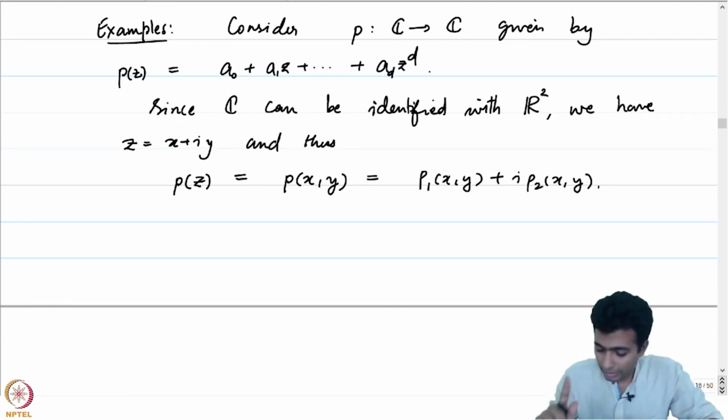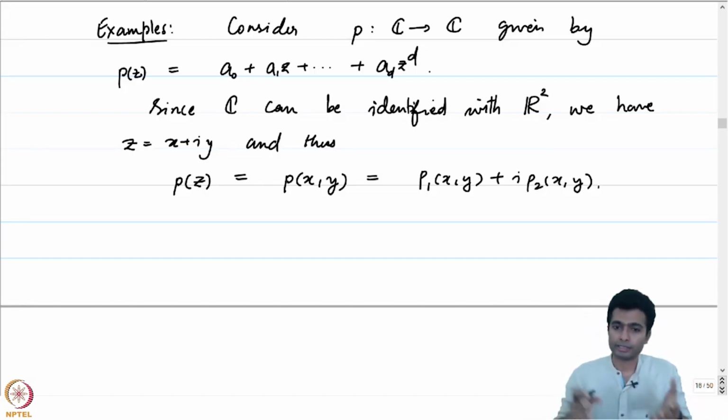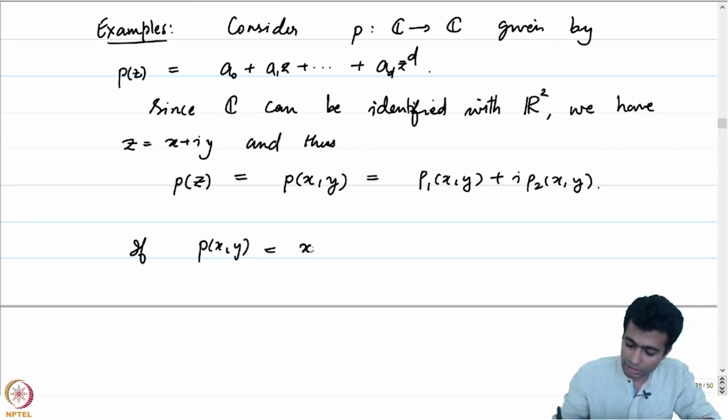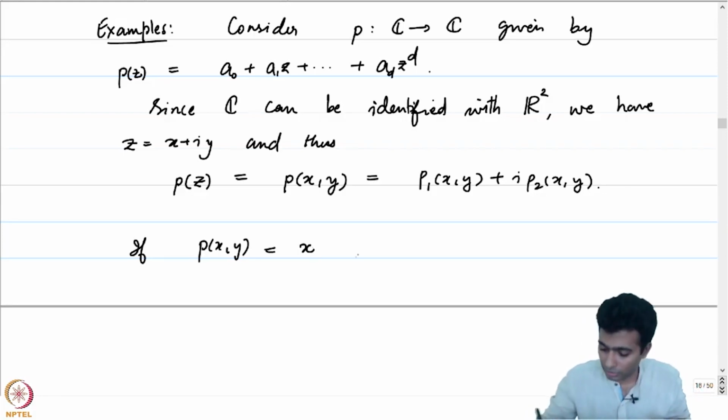A thing to note here is that not every polynomial in x,y can be realized as a polynomial in just z. So, for example, if p of x comma y is equal to just the first variable x, this is a polynomial in x comma y, but notice that if you write it in terms of z, then p of z is going to be equal to z plus z bar by 2.